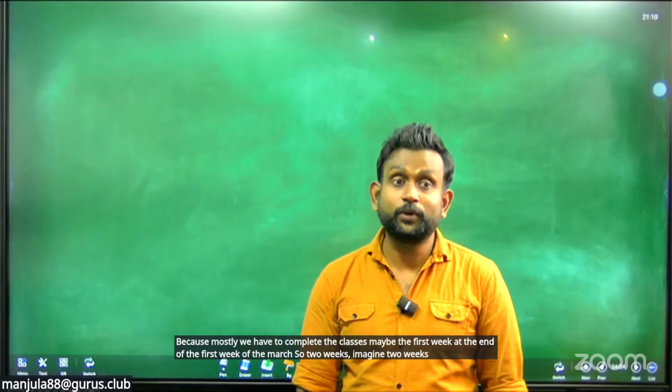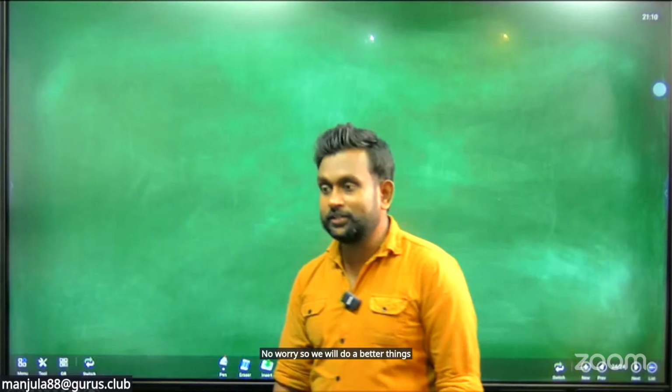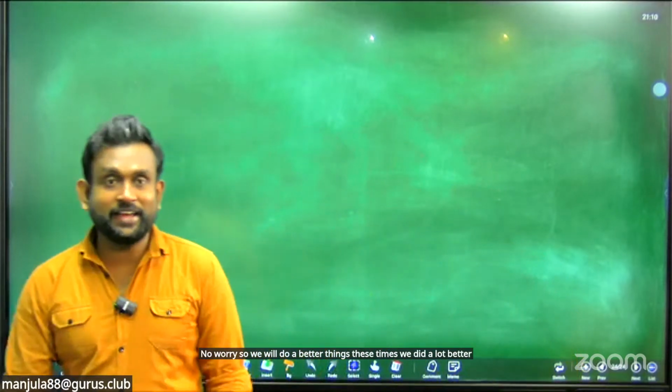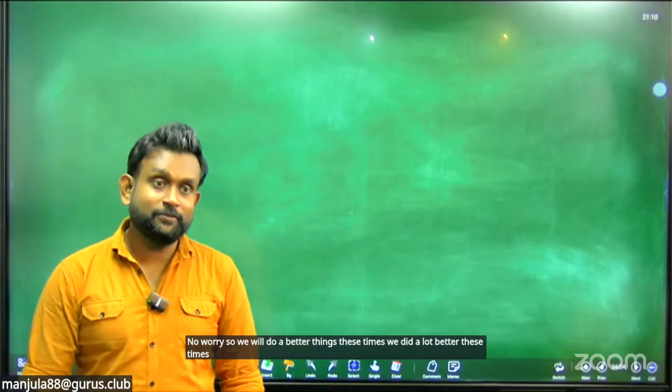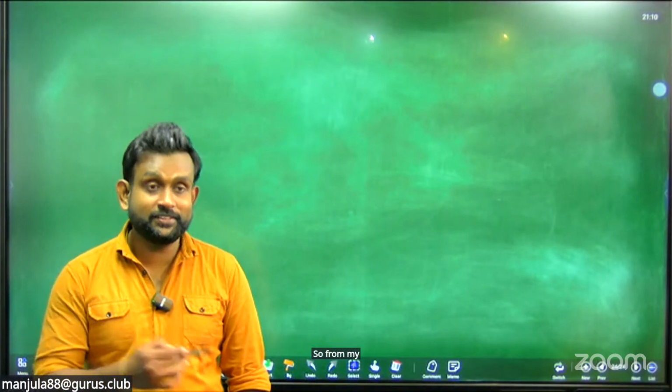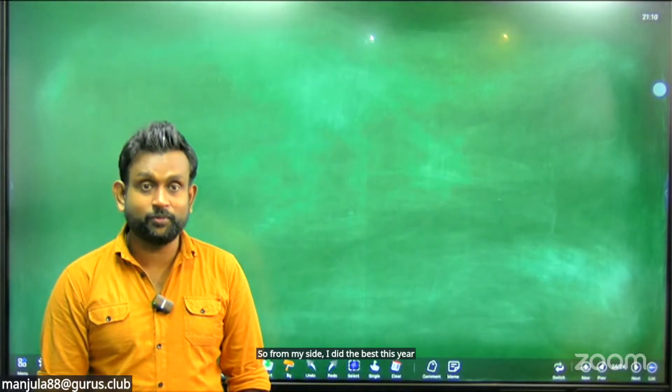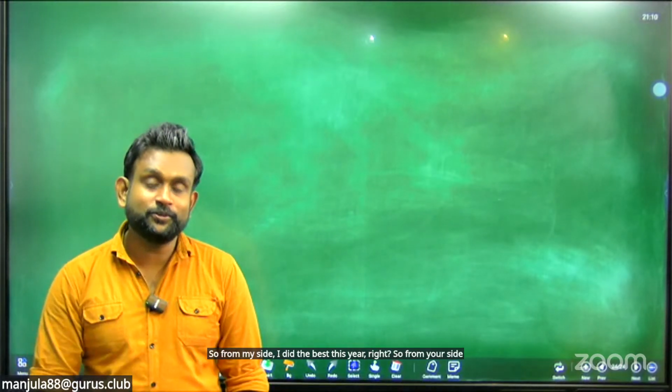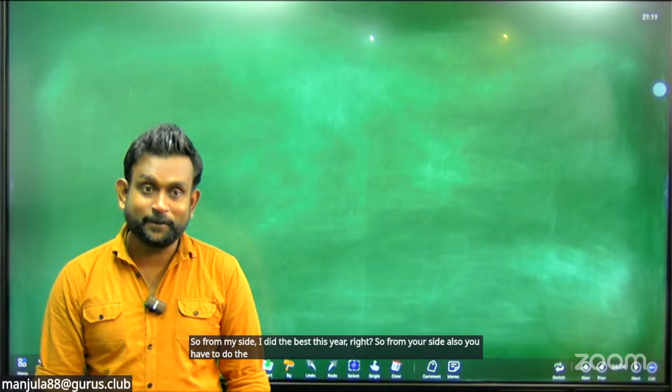So we will do our best in the last 2 weeks, okay? No worry. So we will do better things. This time we did a lot more than in any previous year. From my side, I did the best this year, right? From your side also, you have to do the best for this year, okay?